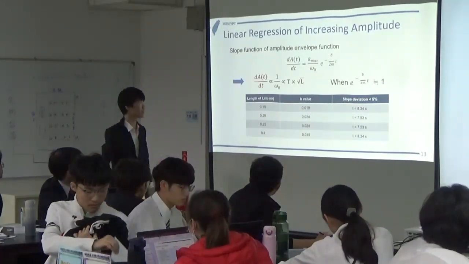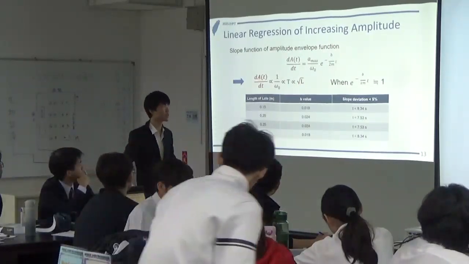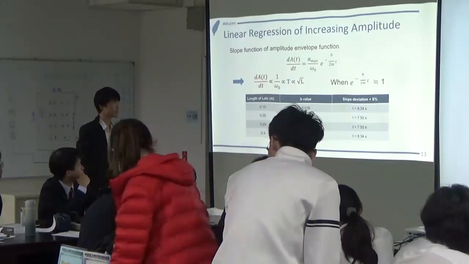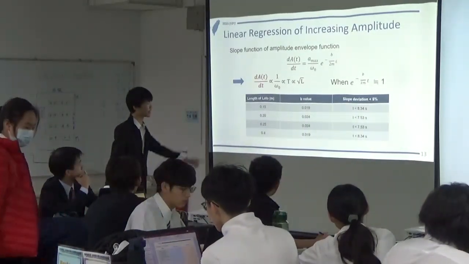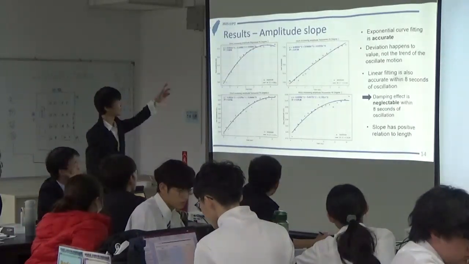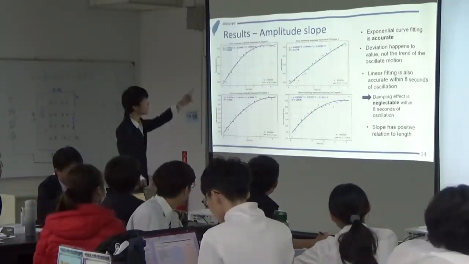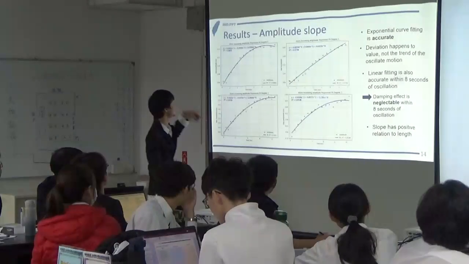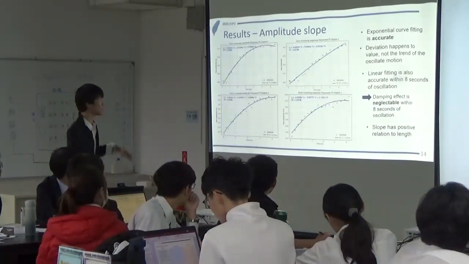The first experiment we do is the slope function of amplitude. In the damping model, the amplitude of the Lato will decrease exponentially, like this. So we can calculate it. And the results of the amplitude slope: this is the time versus the max amplitude during the motion.